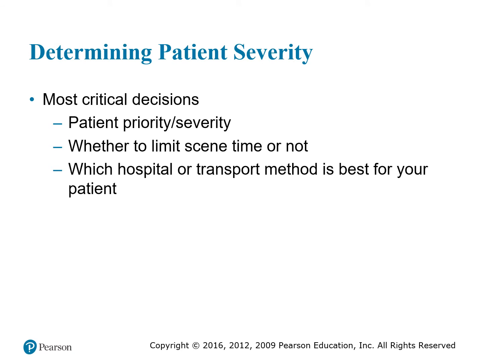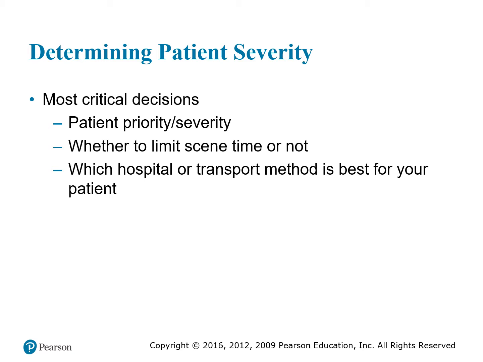So we've got several critical decisions that need to be made when we're dealing with a multi-trauma or multi-system trauma patient. Okay, so for our most critical decisions, we have to quickly decide what the patient's priority or the severity of the injuries are. Luckily for us, not so much the patient, a lot of times this is going to be readily apparent very quickly when we first come in contact with our patient and are able to see them.